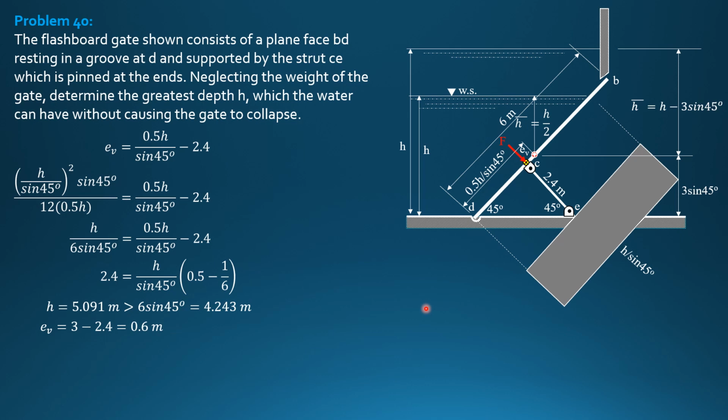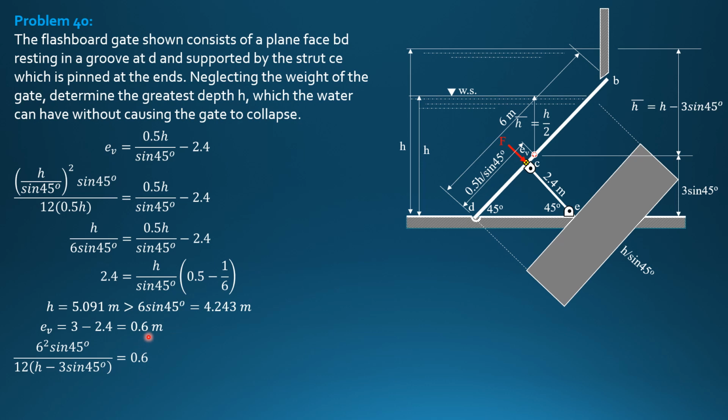Then we equate it to the height of the gate, which is 6 this time because the gate is totally submerged. 6 squared times sine of 45 divided by 12 h bar is equal to 0.6, where h bar is h minus 3 sine 45.